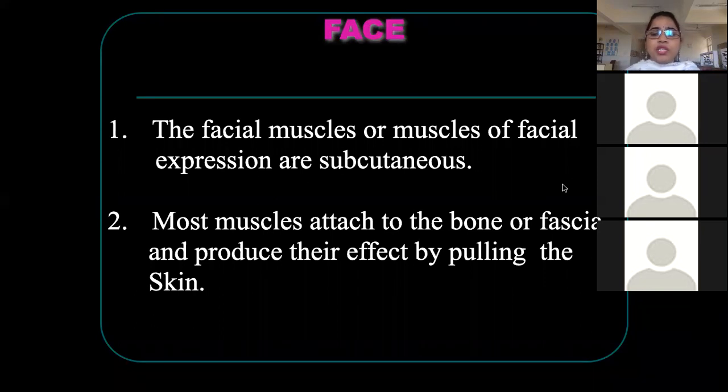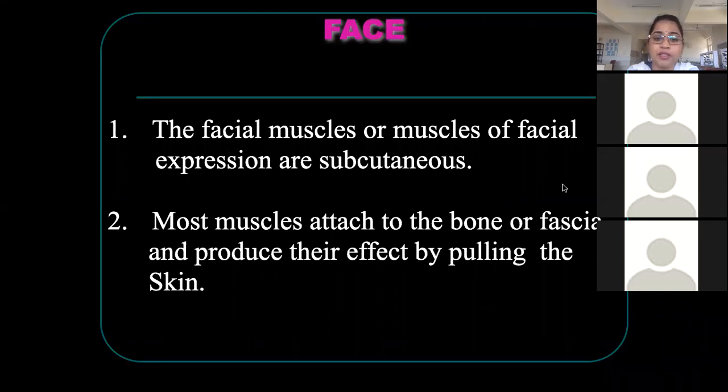So I hope you understood the difference between facial and fascial. Once you reflect superficial fascia, what you will see usually in the rest of the areas of the body is deep fascia. Deep fascia is the one which covers the muscles present below and packs them nicely, facilitates contraction and drainage of venous blood.